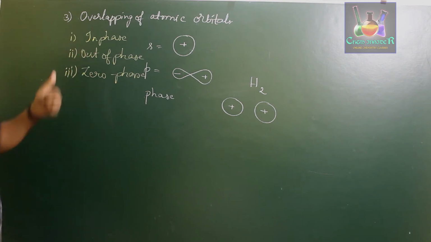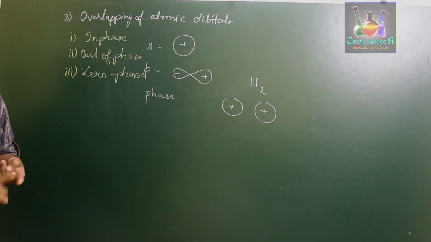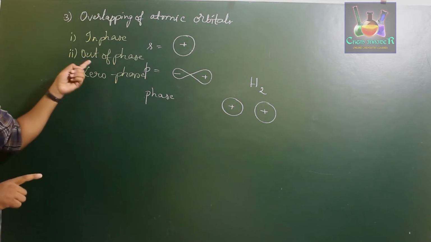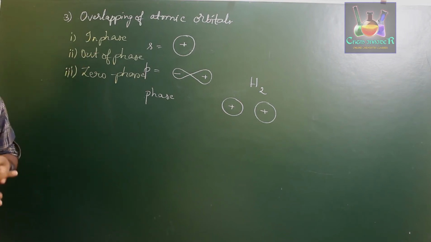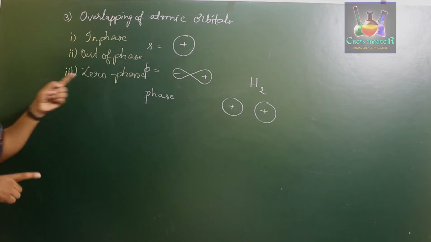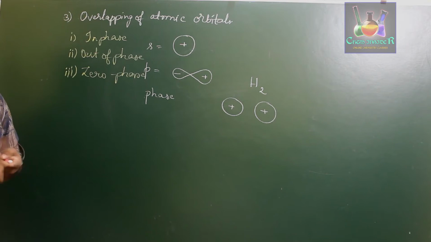In-phase overlapping is where their sign and direction are both the same. Out of phase overlapping is where their directions are the same but their signs are different. Zero phase overlapping is where their sign and direction are both different.